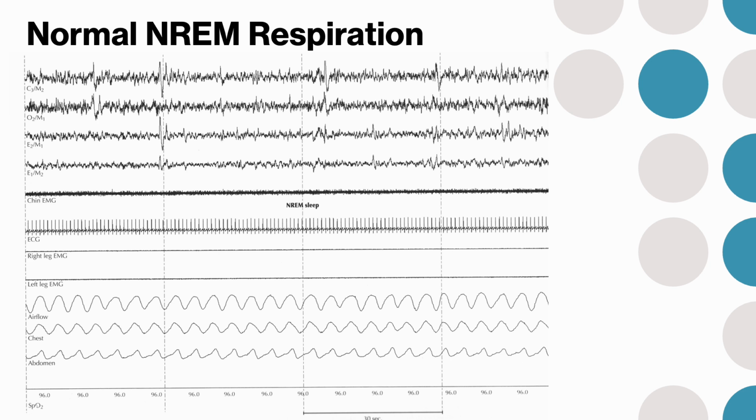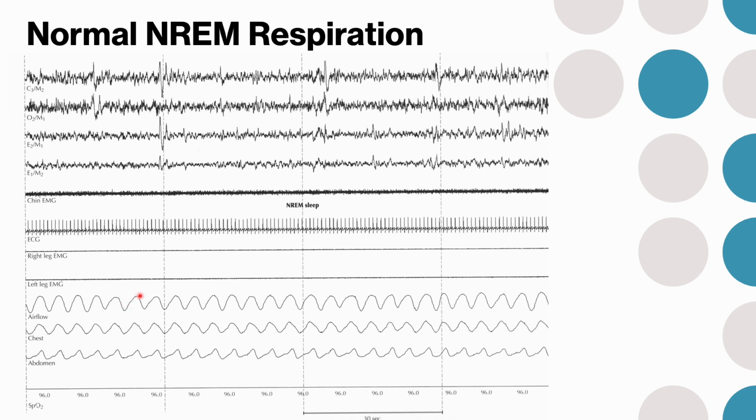This is a good representation of normal non-REM respiratory effort and flow. The belts are in sync, going up as this one is going up and down, up, down, up, and down. They're not paradoxing, going against each other. The airflow shows nice, full breaths.